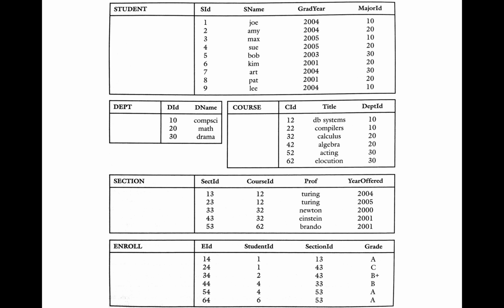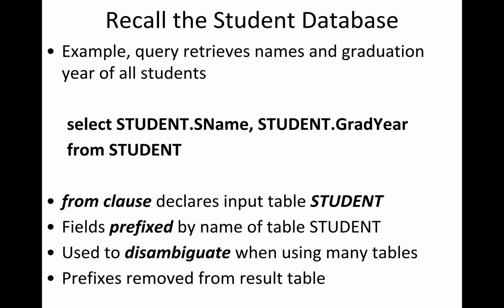We'll be using the same 6 tables that represent our small university database, and querying things about that database. So here's a very simple query that is retrieving the student name and the graduation year from the student table. Things to note here is that the fields are prefixed with the name of the table.